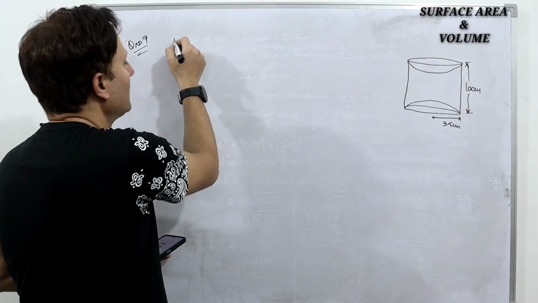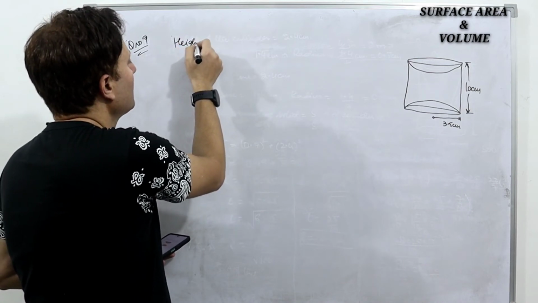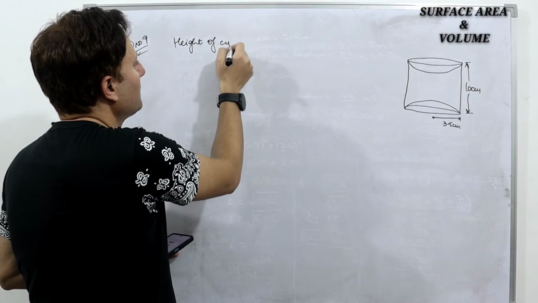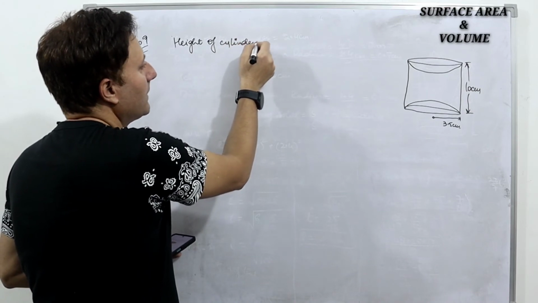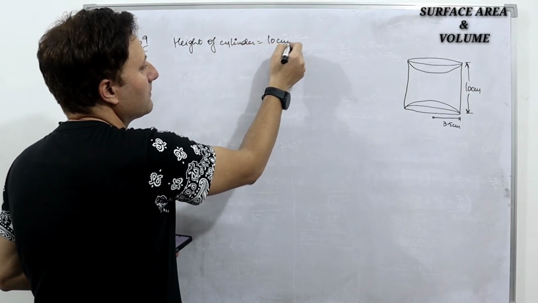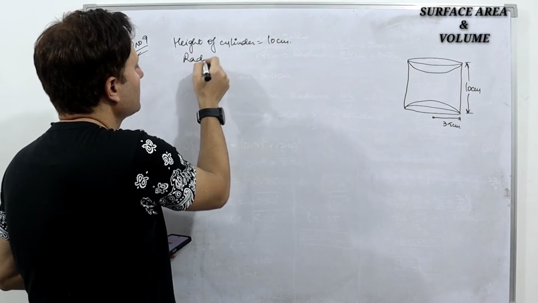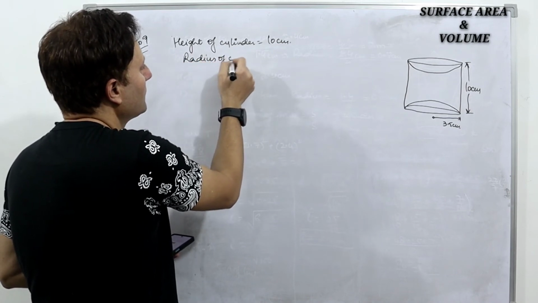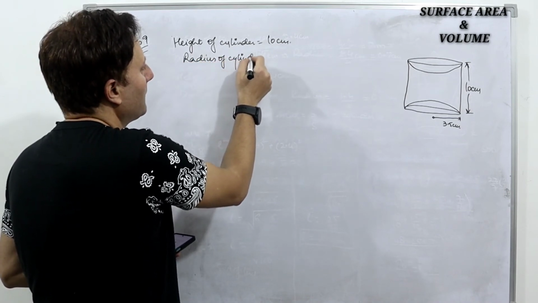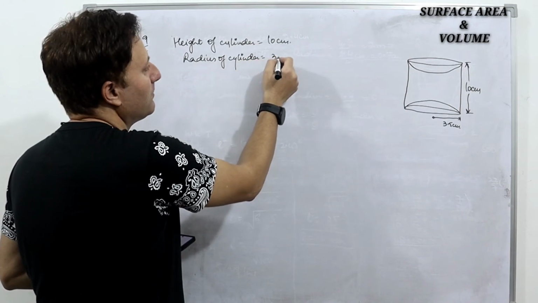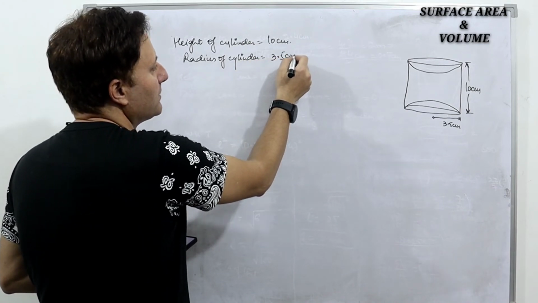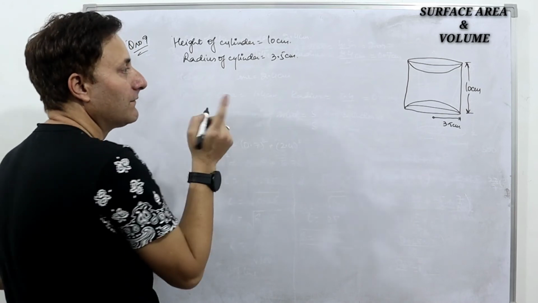So first of all, height of cylinder is 10 centimeter. Radius of cylinder is again 3.5 centimeter. So we have one more thing here.